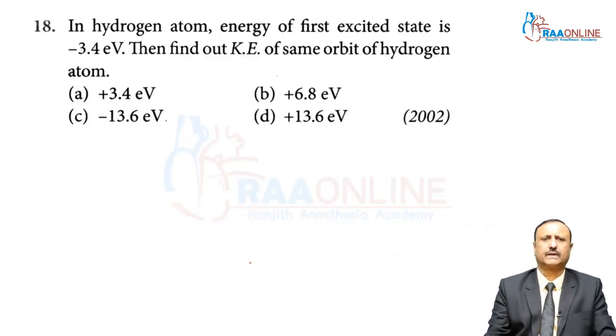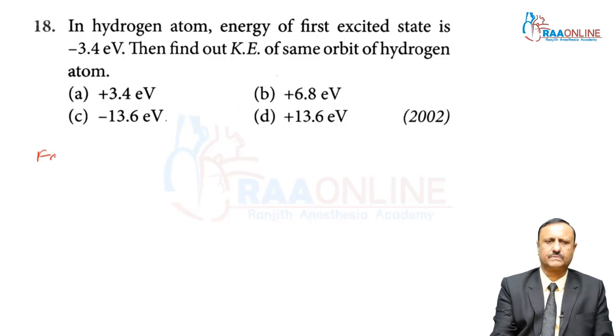Now, my dear students, we can go to question number 18. Here in hydrogen atom, energy of first excited state is minus 3.4 electron volt. Then find out kinetic energy of same orbit of hydrogen atom. My dear students, what is the formula which is used here? What is the formula of kinetic energy? You know very well, kinetic energy is equal to half mv square.